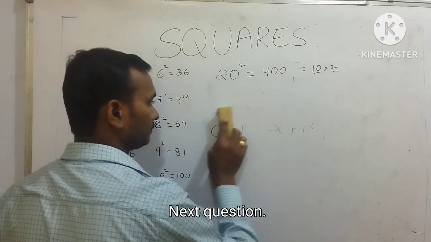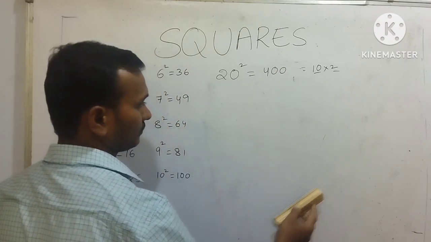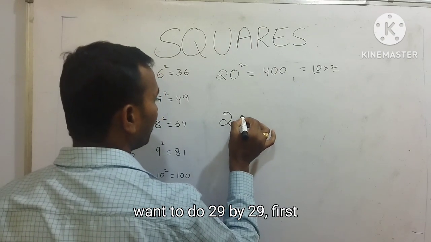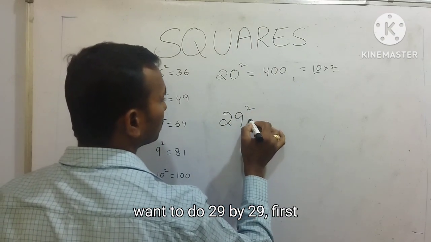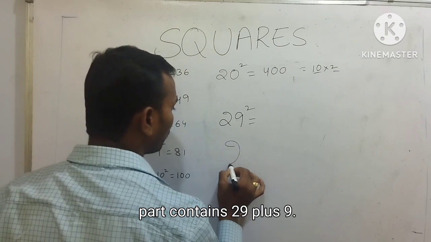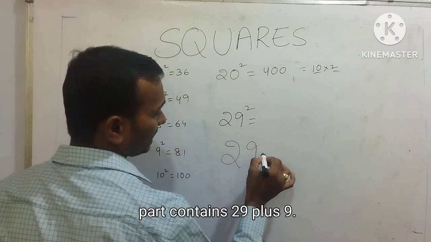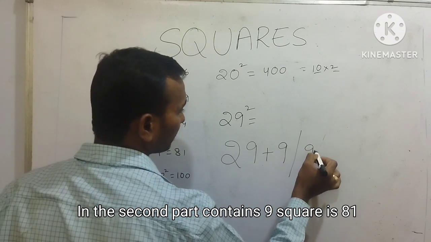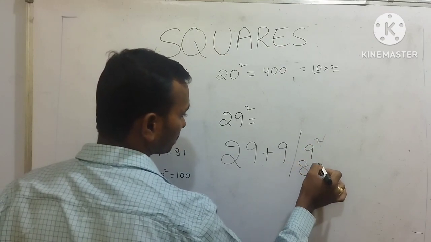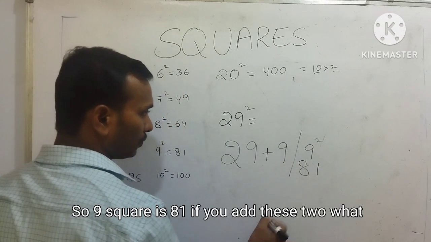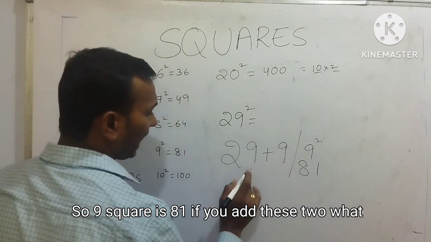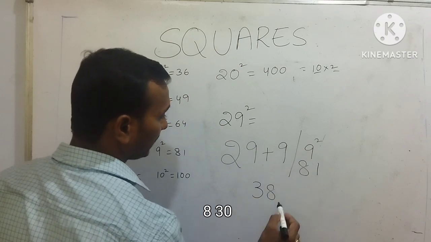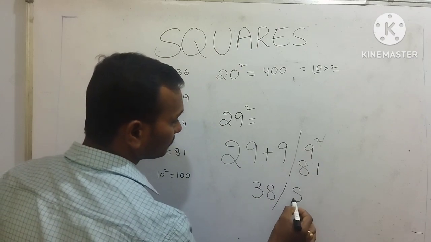Next question. For example, if you want to do 29 by 29. The first part contains 29 plus 9. The second part contains 9 square, which is 81. If you add these two, what you will get? 38. And this is 81.